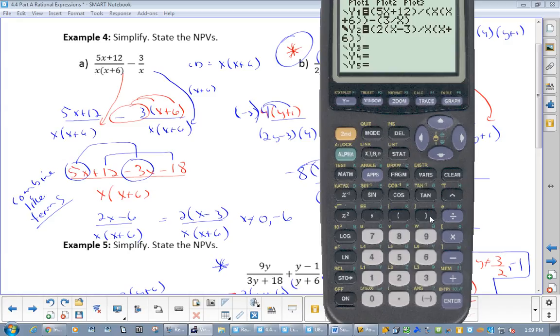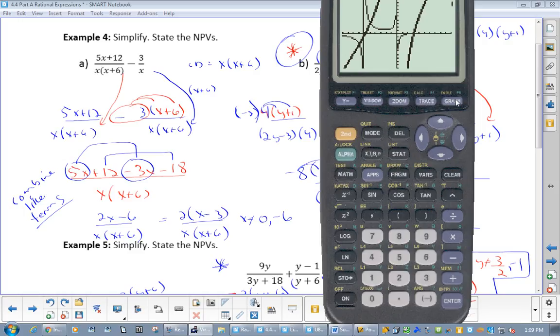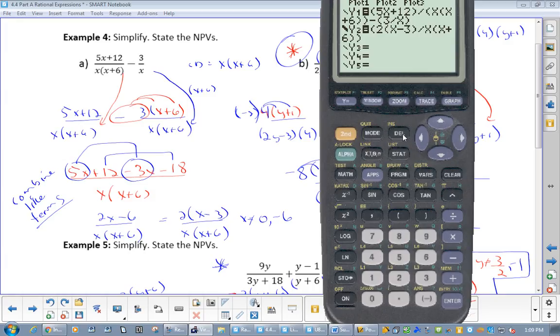Okay, and I shut the bracket. I guess I didn't need that bracket. Now, do you see how I have the thin line and the thick line? If I hit graph, it didn't work. Did I plug in something wrong? Oh yeah. So I can insert.